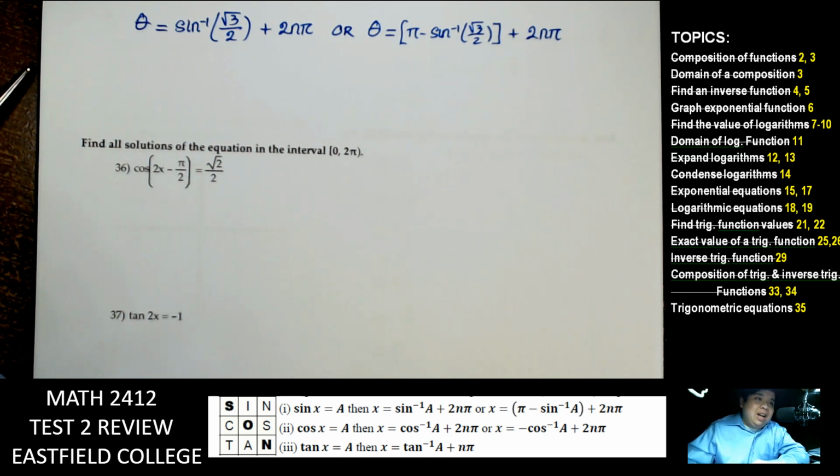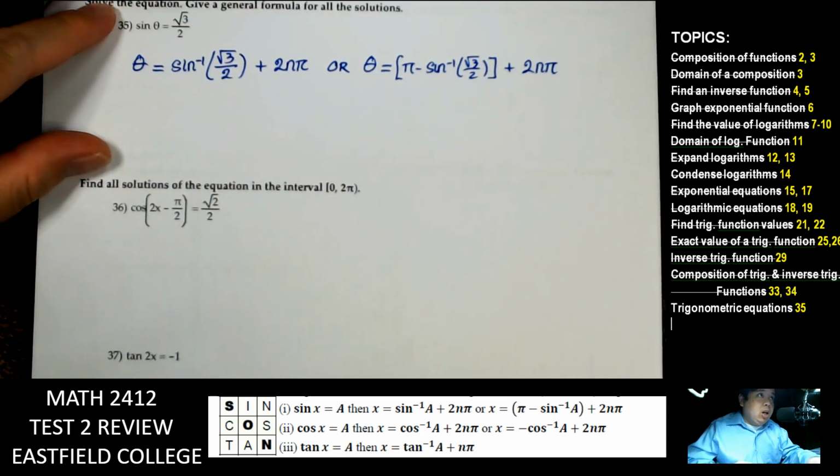For cosine, we're going to have the opposite. So sine is supplementary, cosine is opposite, still plus 2n pi. And for tangent, there is no such thing, but the period for tangent is just pi, so we just have n instead of 2n like every other trig function such as sine and cosine.